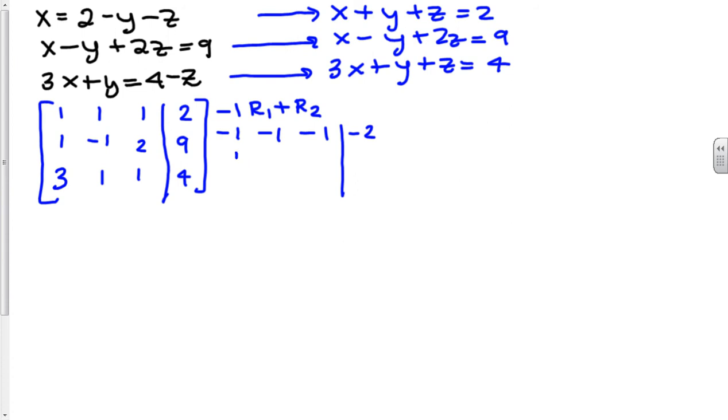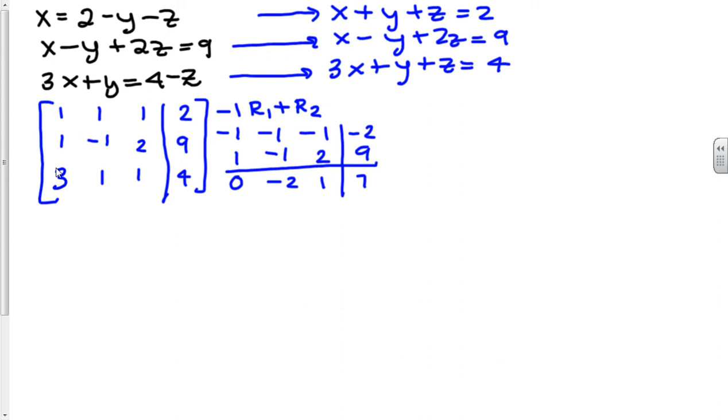Row 2 is 1, negative 1, 2, 9. Add them up. And there's my new row 2.